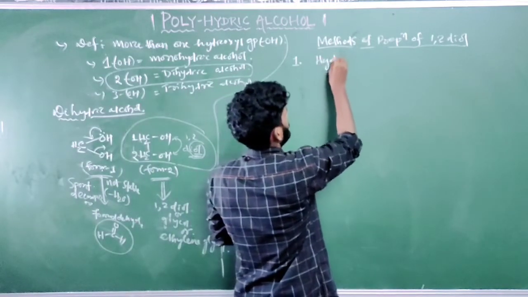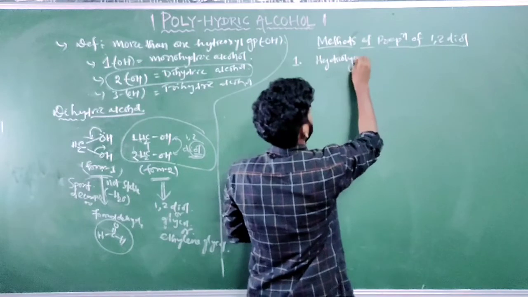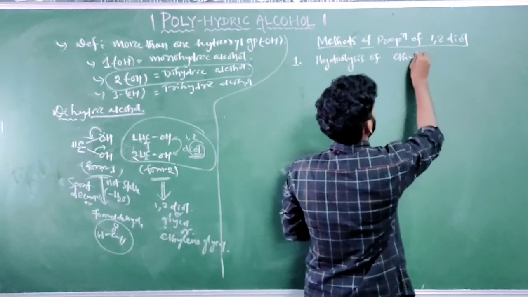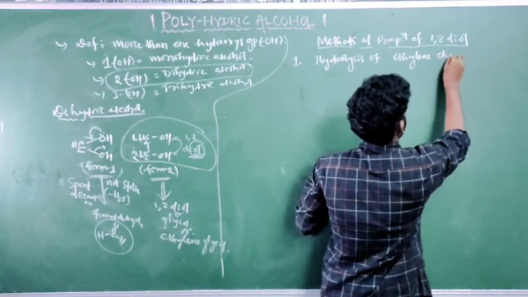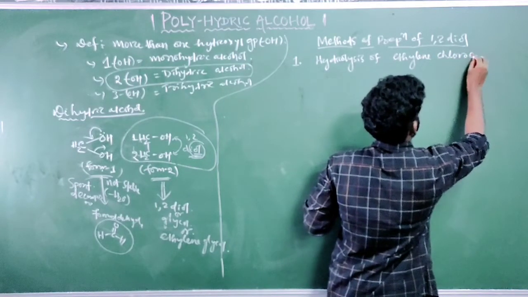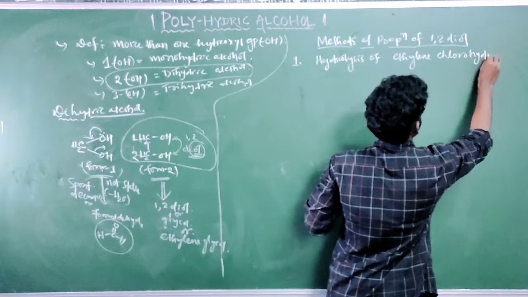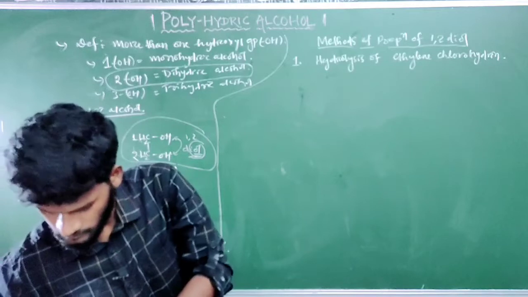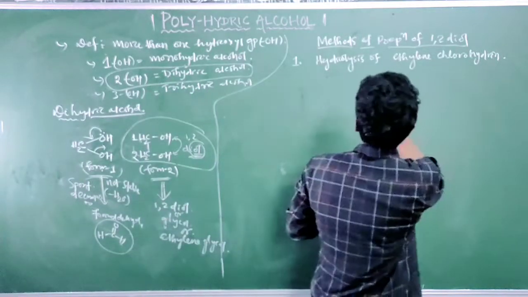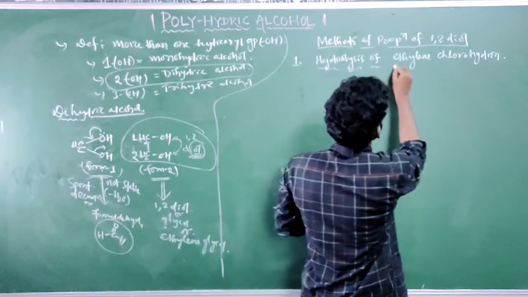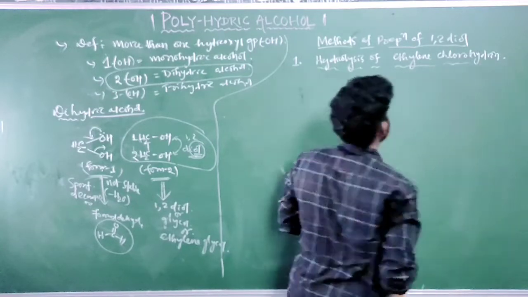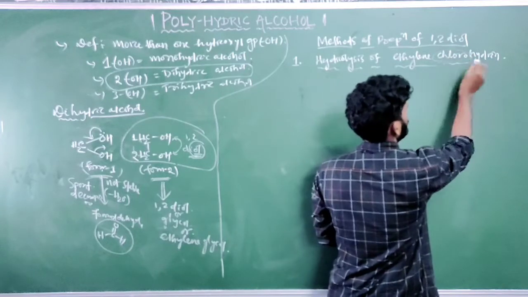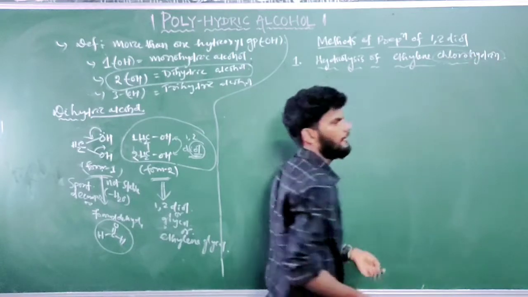is hydrolysis of ethylene chlorohydrin. Okay, so for ethylene chlorohydrin, there must be one chloro group and one hydroxyl group.